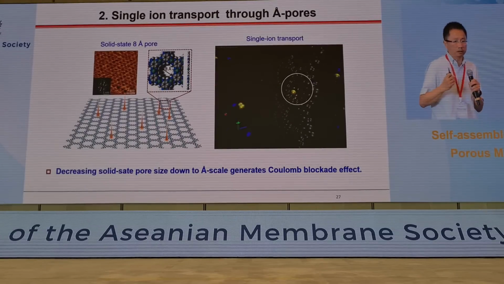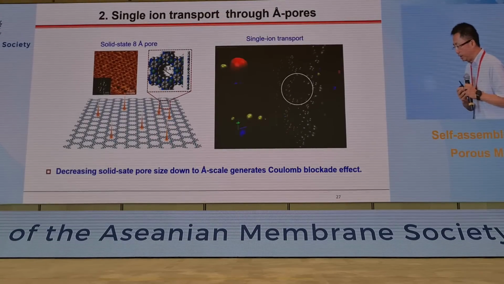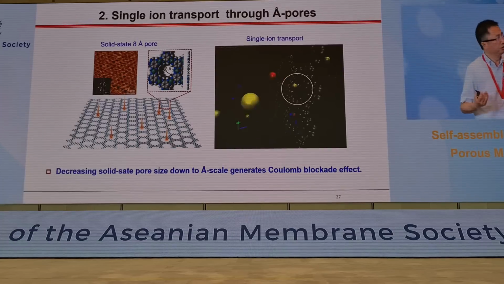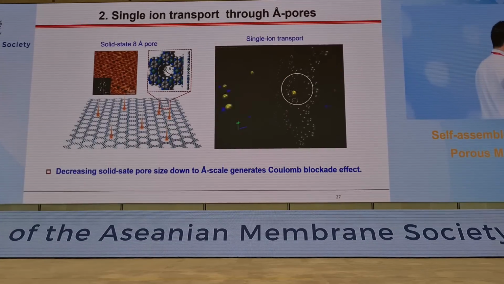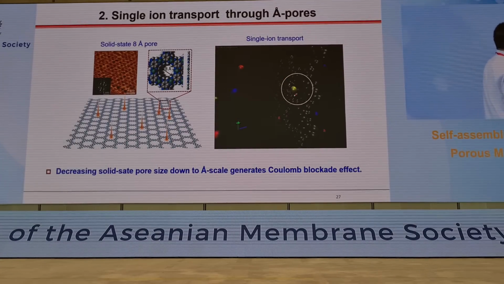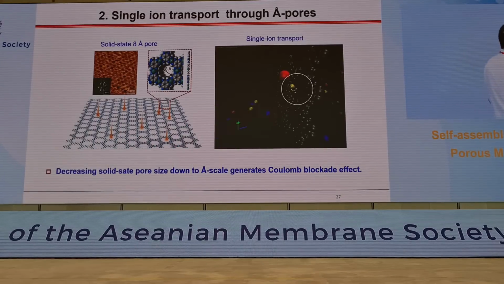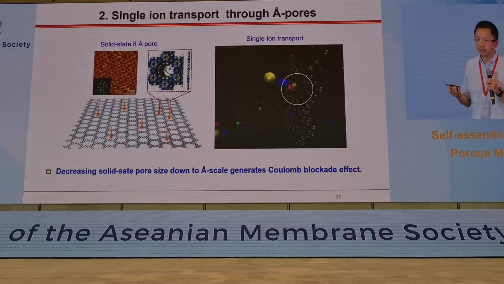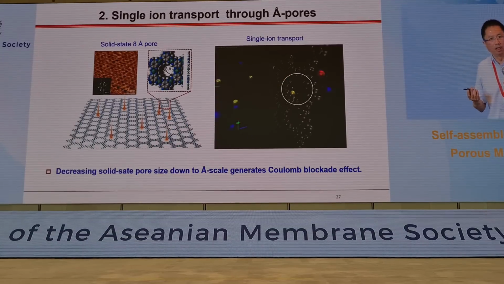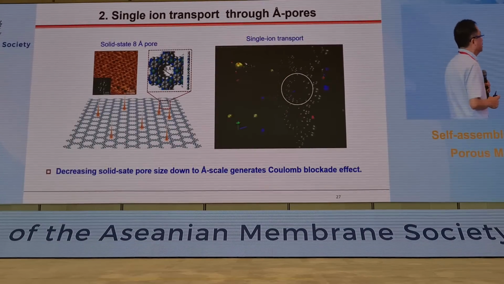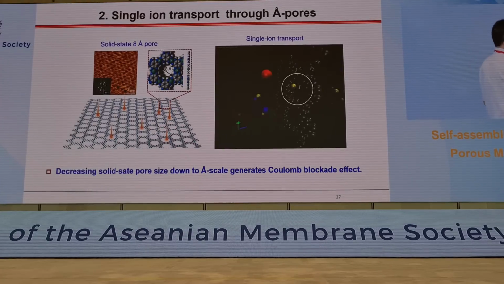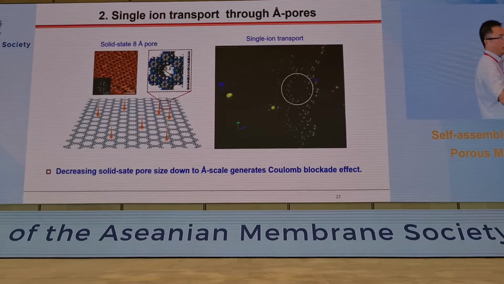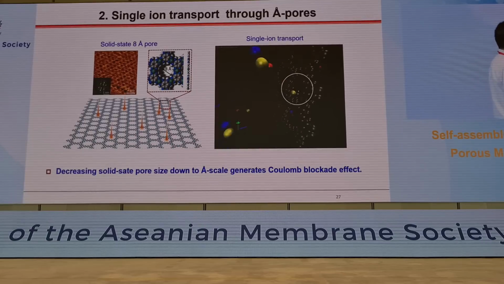So inspired by the above results, rather than using the hydrogen pores, we constructed so-called solid state pores, also with a similar diameter of 8 angstrom. We found this size is very close to the dimension of the hydrated ions.